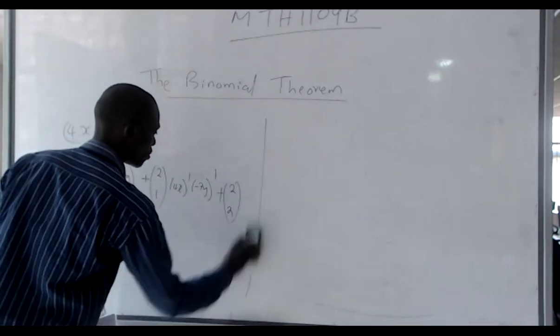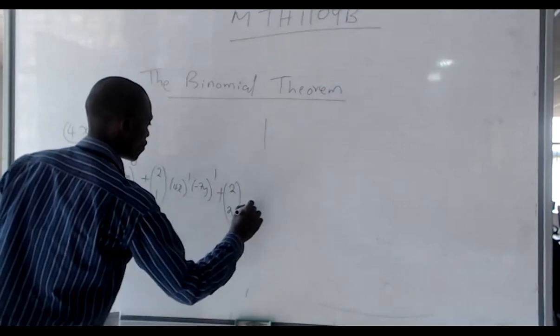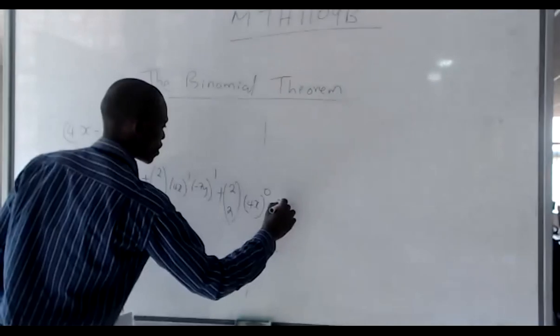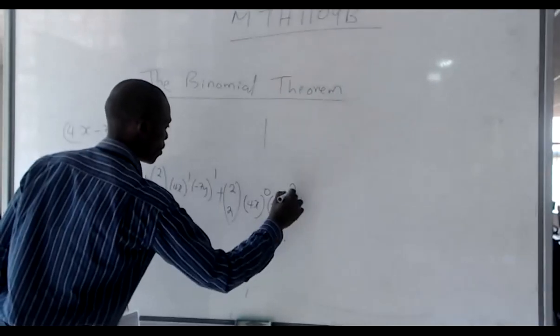So we stop at 2 combination 2. And then (4x) to the power 0 times (−7y) to the power 2.